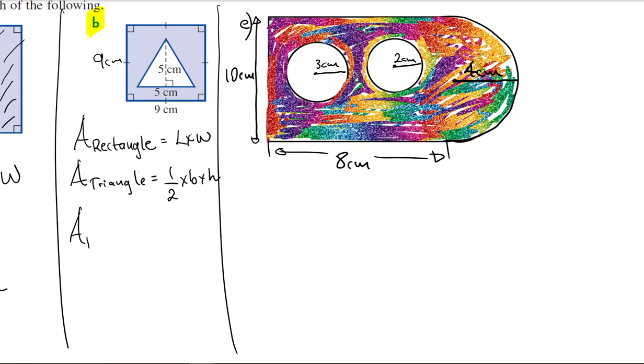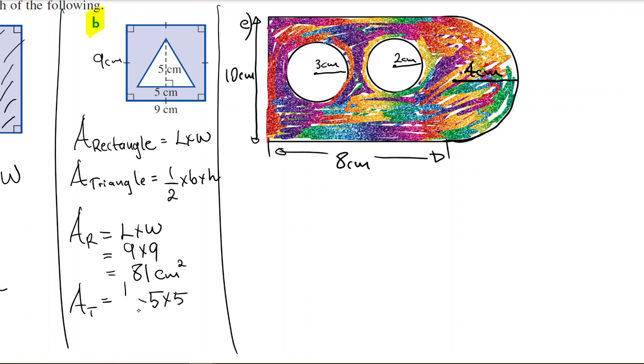Area of the rectangle is length times width, and that is 9 times 9, which is 81 centimeters squared. Area of the triangle is a half times base, which is 5, times height, which is 5.